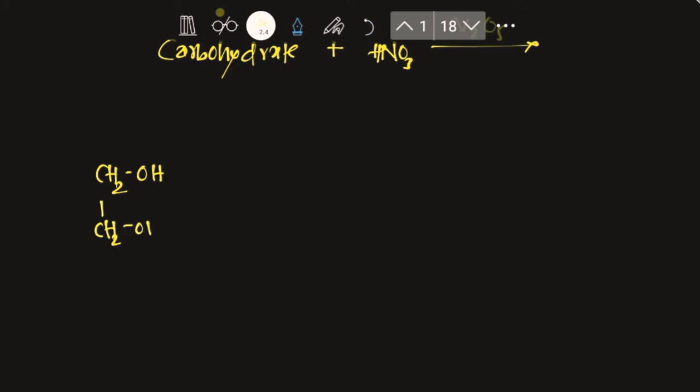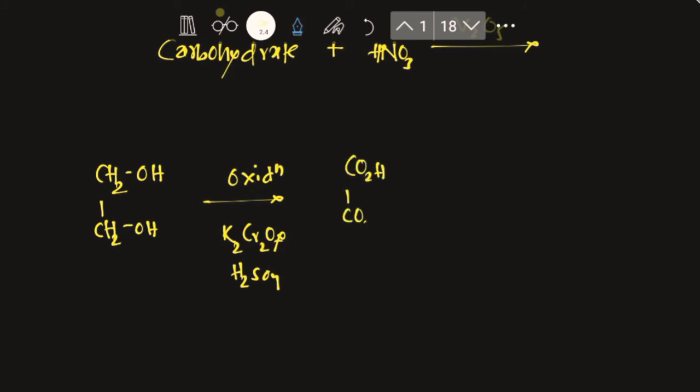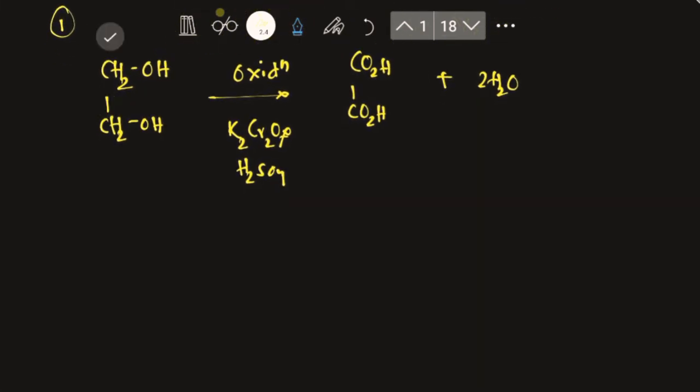When ethylene glycol is oxidized using a powerful oxidizing agent like K2Cr2O7 in H2SO4, it is converted into the dicarboxylic acid. Here the alcohol gets oxidized to carboxylic acid, and the byproduct is water.